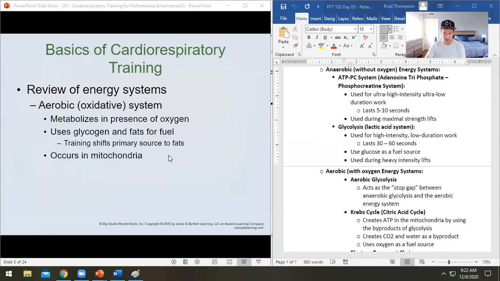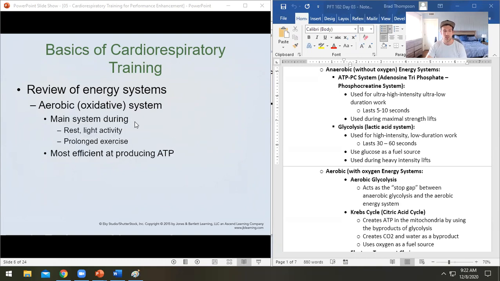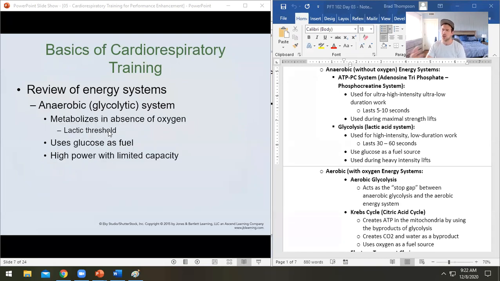But the aerobic stuff happens in these specialized little organelles, almost like bacteria, inside of our cells called mitochondria. That's where we produce our long duration energy, where we get our aerobic energy from. That's our main system used for rest or prolonged exercise, like our gentle stuff.